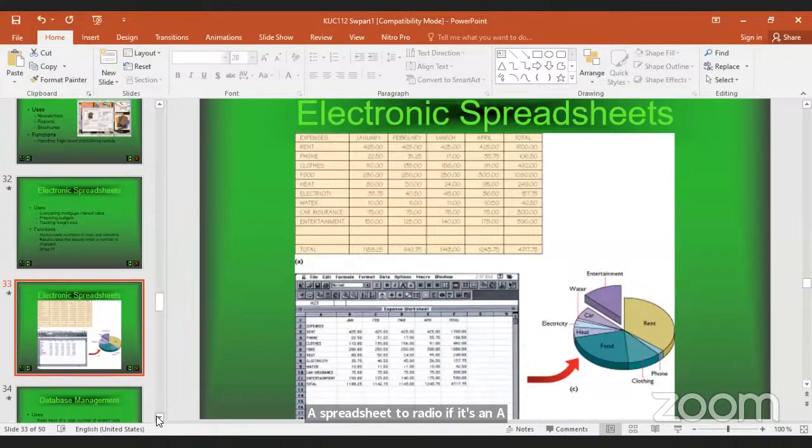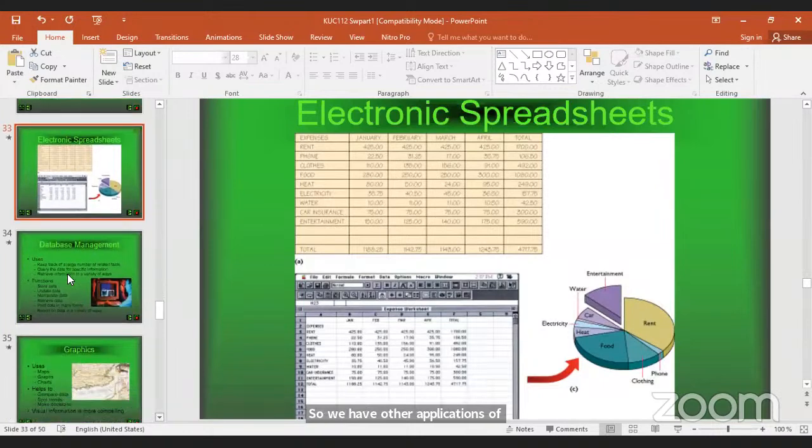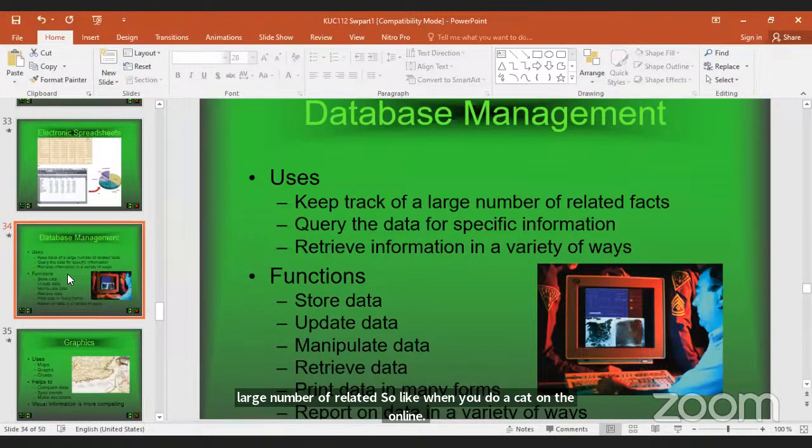So we have other application software like those used in databases, like Microsoft Access. We use this application software to keep track of a large number of related facts. So like when you do a CAT on the online system, this CAT is usually stored on a database.